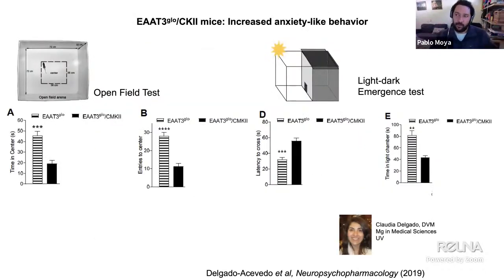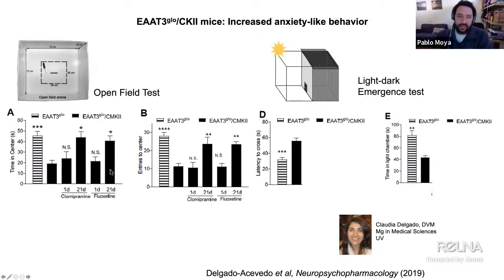We tested in 2 paradigms: the open field test and the light dark emergence test, very classic. In all the parameters, such as the time in the center and number of entries in the open field, we observe that the E3 overexpressing mice have an anxious-like phenotype. The same happens in the light dark paradigm. They take longer to go out to the bright illuminated area, and they spend less time there.